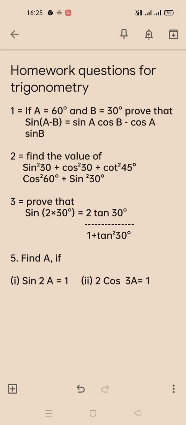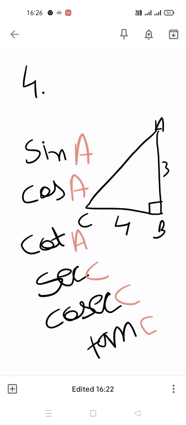Okay, so I hope trigonometry is clear to you. Okay, 1 2 3, this is the 4th one. In this you have to find the values of sin A, cos A, cot A, sec C, cosec C, tan C. You have to find the value of it.